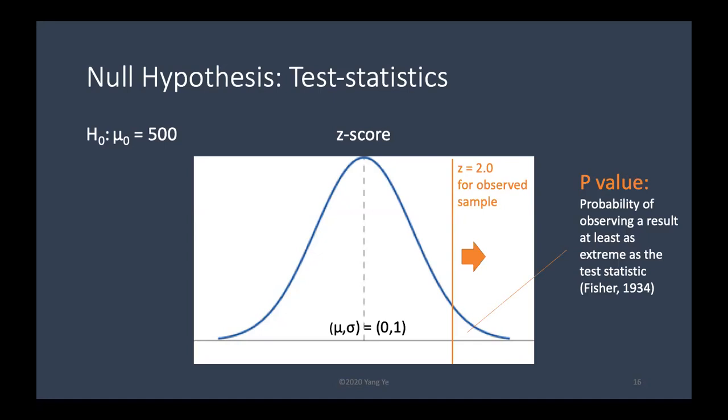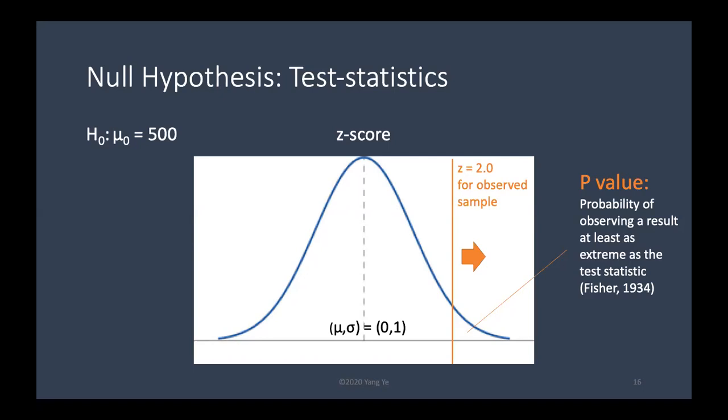Okay, so we have converted our observed sample mean into a test statistic, which is the z-score, and then the p-value can be expressed in terms of how extreme is the test statistic when the null hypothesis is true. In this case, null hypothesis is mu0 equals 500, but in terms of z-score, that's 0, okay? Because we centered it around 0.